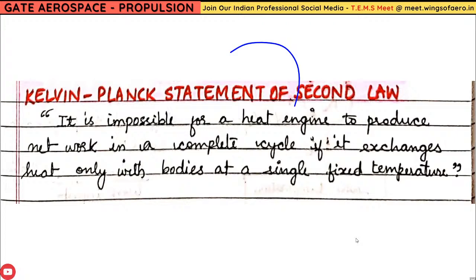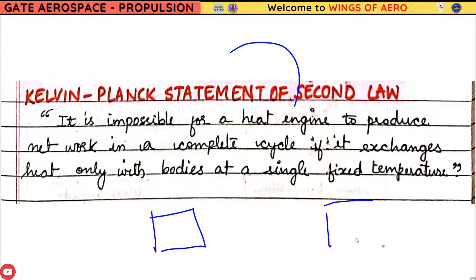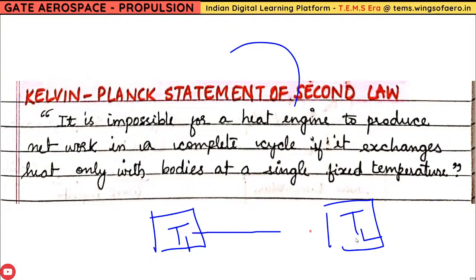It is impossible for a heat engine to produce net work in a complete cycle if it exchanges heat only with a body at a single fixed temperature. Let's consider we have two bodies, with temperature 1 and temperature 2. Heat flows from the high temperature to the low temperature.